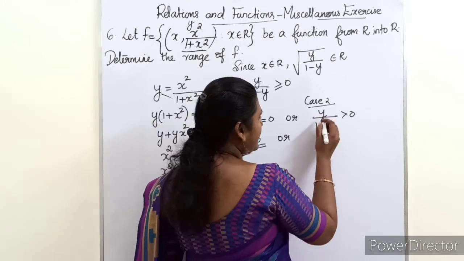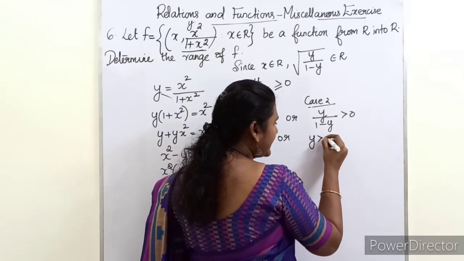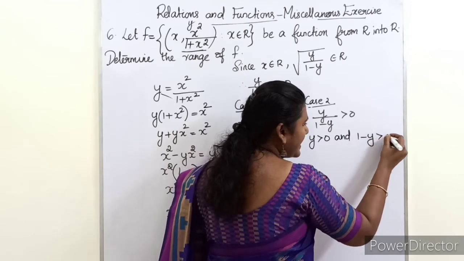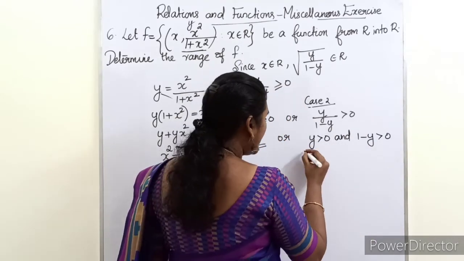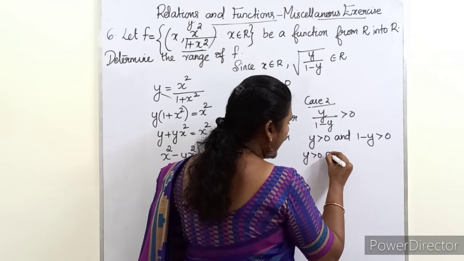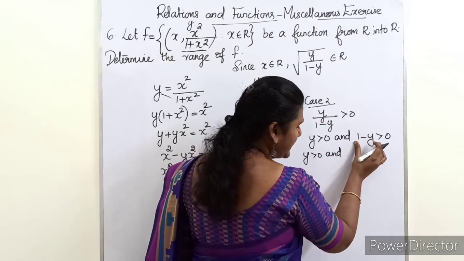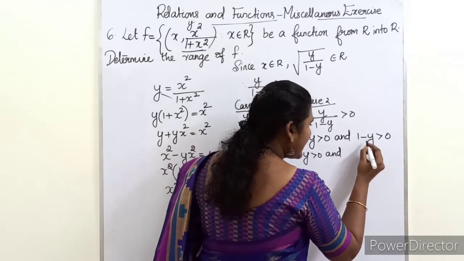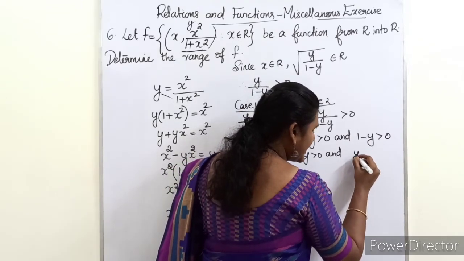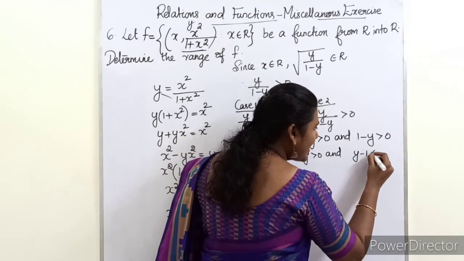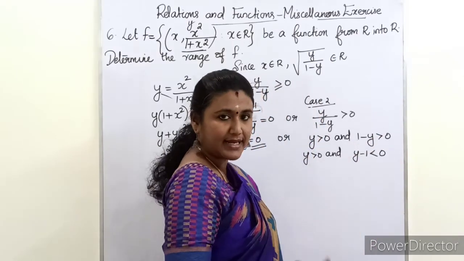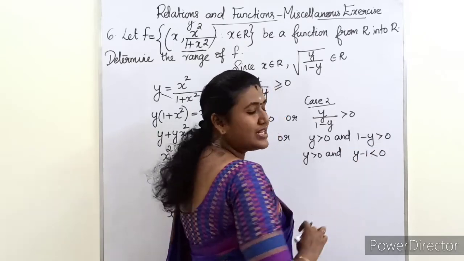So first case we will take numerator is greater than 0 and denominator is also greater than 0. So here we got y greater than 0, and here this expression you multiply with a minus sign. So what you are getting is this minus y will become plus y minus 1 is less than 0, because when you multiply with a minus sign, the inequality sign will change.